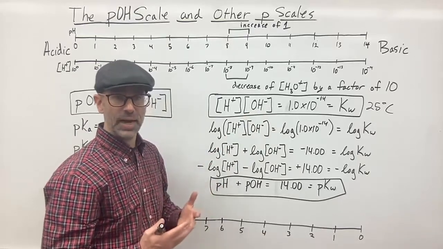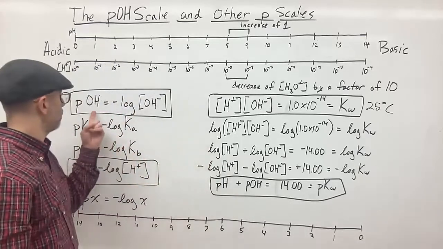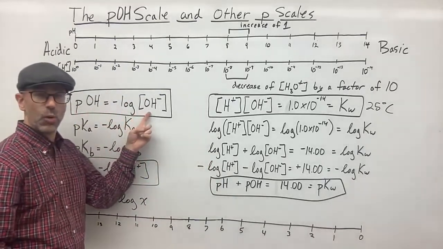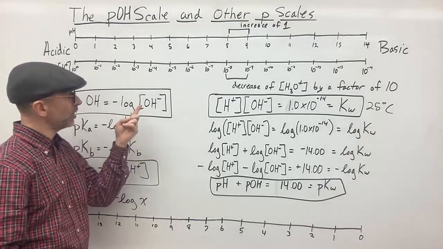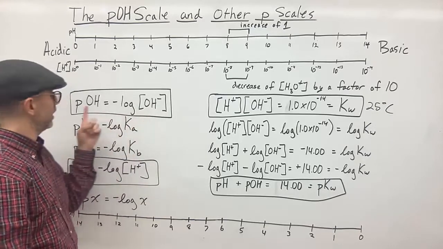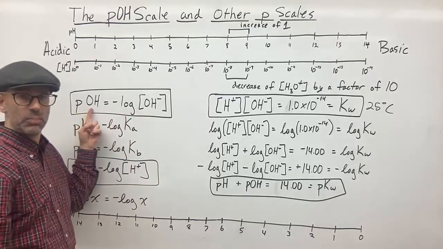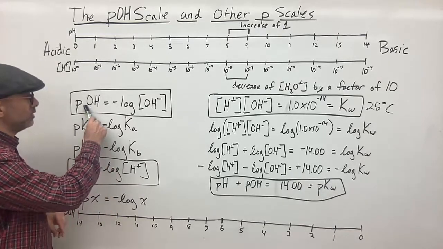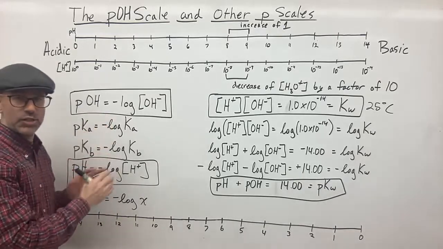So if we keep that in mind, the pOH scale is going to be related to the OH minus concentration. We plug in our OH minus concentration, take the negative log of that, and we get what is called the pOH. And the pOH scale is going to be the inverse of the pH scale.